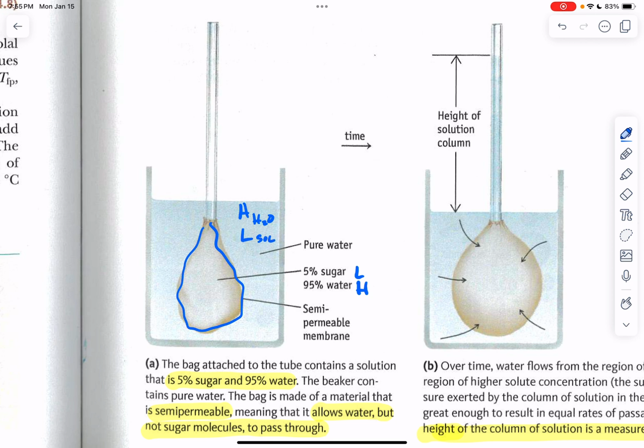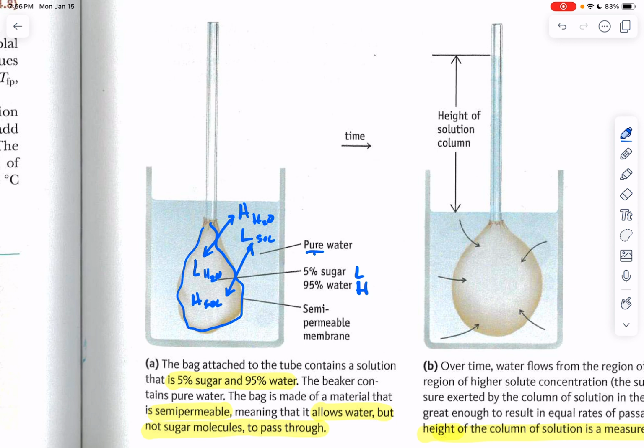In fact, it's 0 because it's pure water. So here we have a lower concentration of the water compared to the higher concentration of the water outside, and we have a high concentration of the solute compared to the lower concentration of the solute outside the membrane.